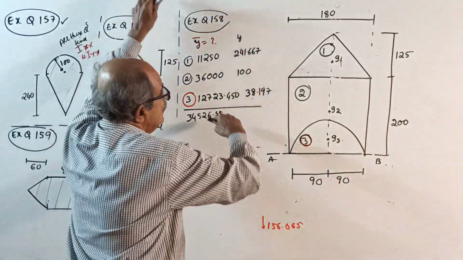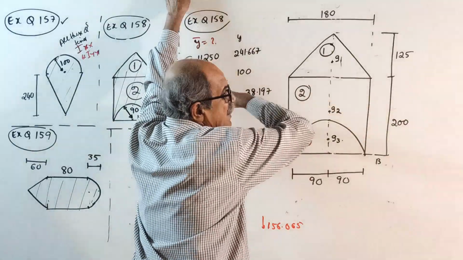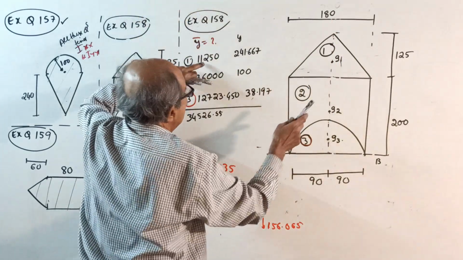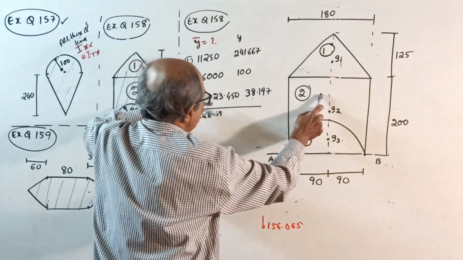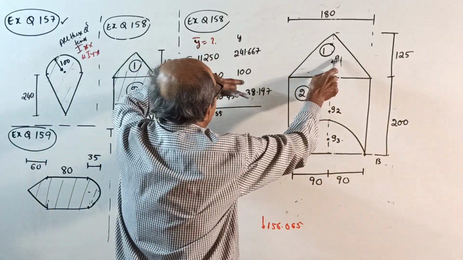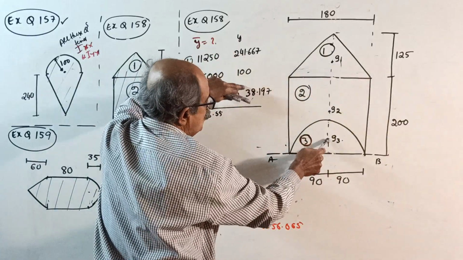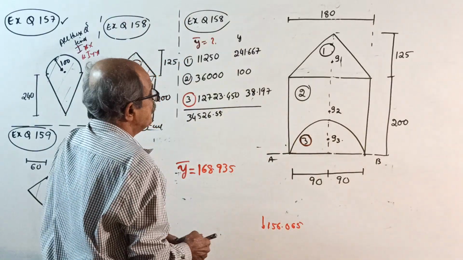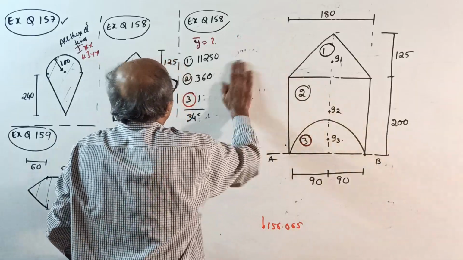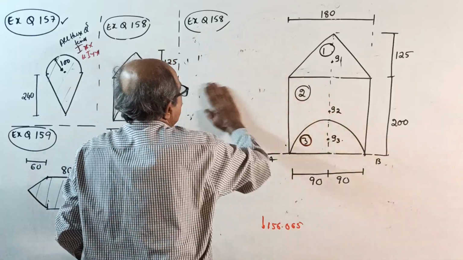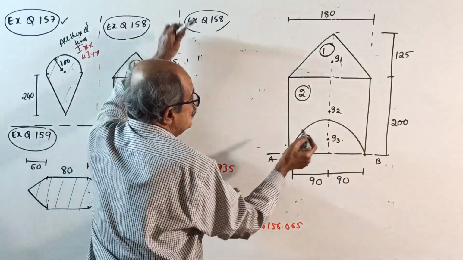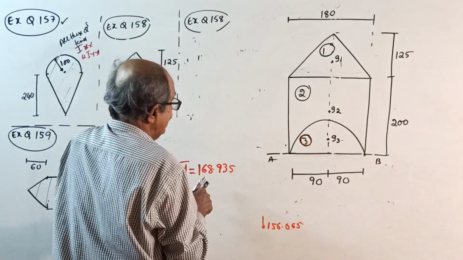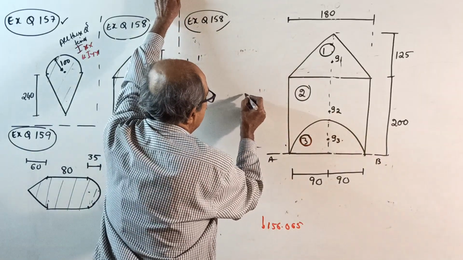Again here also, XX axis you have to locate, YY direct, so Y bar you require. A1, A2, A3, Y1, Y2, Y3, get Y bar. 168.935 will come. Okay, remove it. 168.935 means 200 up to here, somewhere here.